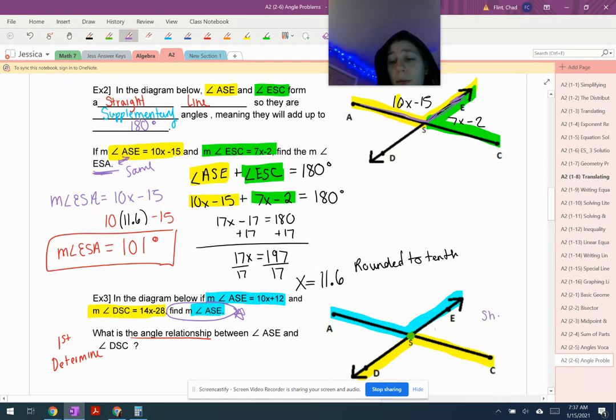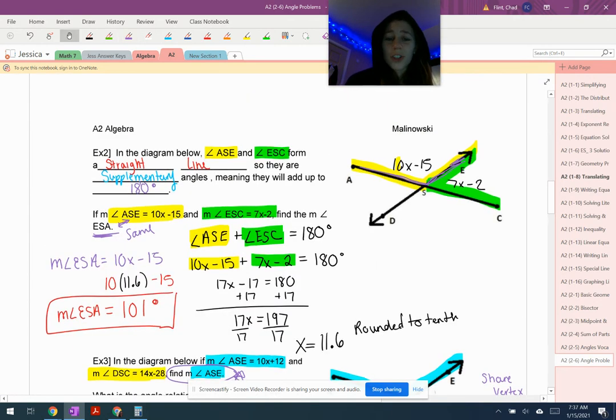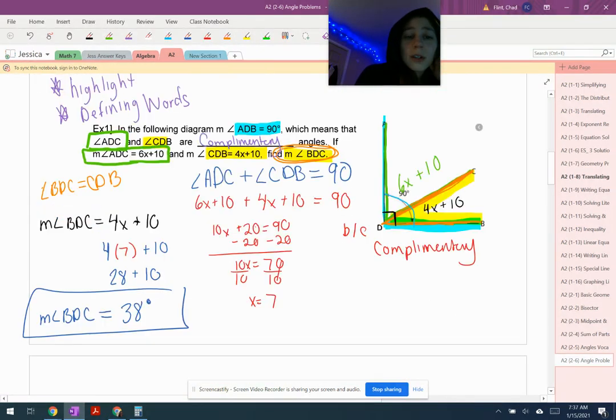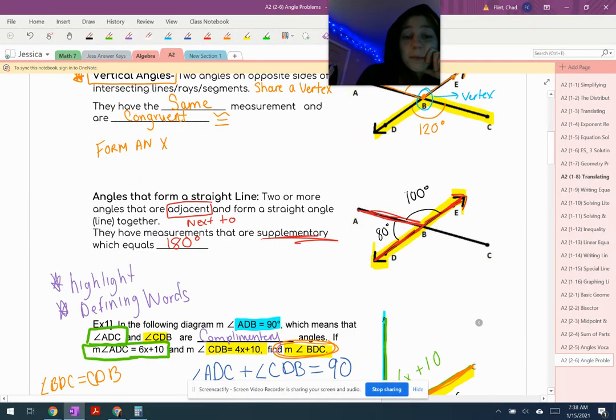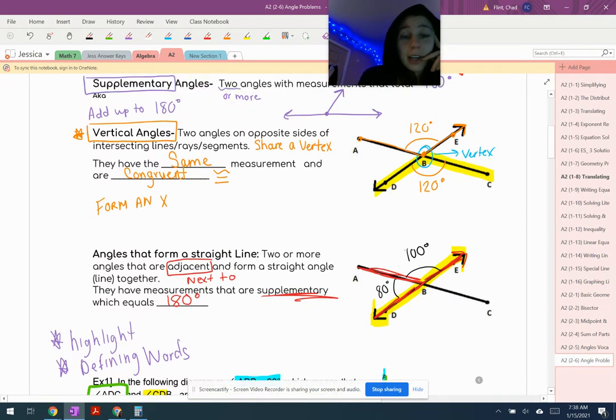So I'm just going to make a note: they share vertex S, but no sides. There are no sides or lines shared. So that can't be angles that form a straight line, because they're not adjacent. They don't share that side. The vertical angles, this is what they look like.